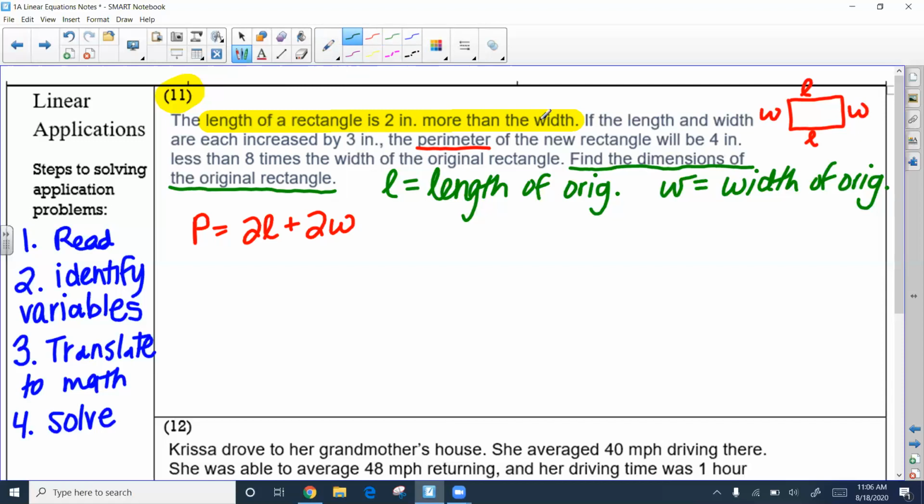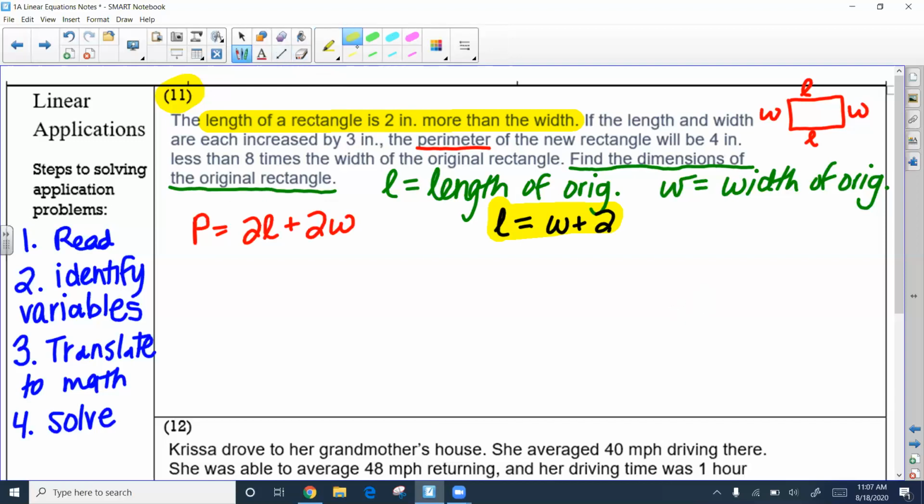Length, I'm using L, is like the equal sign, 2 inches more than the width. I could write that as W plus 2. So this sentence is going to translate to L equals W plus 2. So the length is 2 inches more than the width.